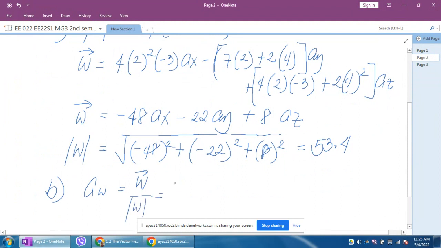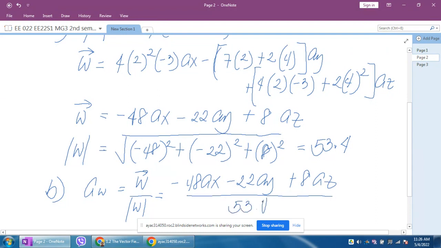Kinuha na po natin yon. So, you have negative 48 AX minus 22 AY plus 8 AZ over 53.4. Yung kinuha po natin na magnitude po nito.